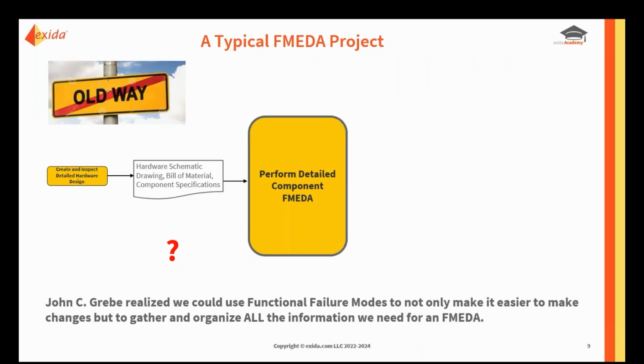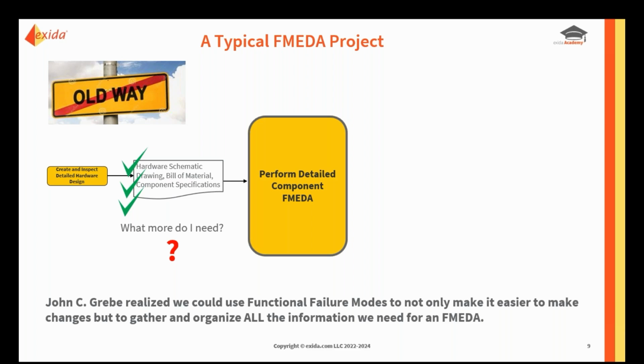So typically, as an FMEDA analyst, if you're not the actual designer, you'll receive a hardware schematic, bill of material, the specs on the components, or you'll need to go out on the net and get data sheets for those. But there are some things missing, like diagnostics and mitigations.